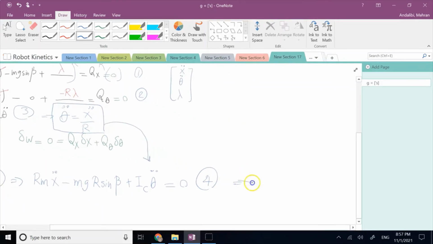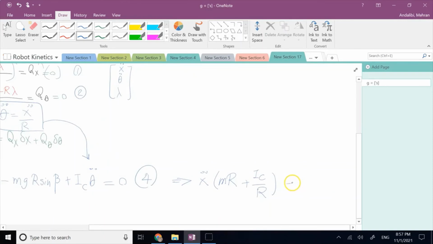Then that will give me what? That will give me x double dot times, here I have m times r, here I have I_C over r, and this is equal to m g sine beta.